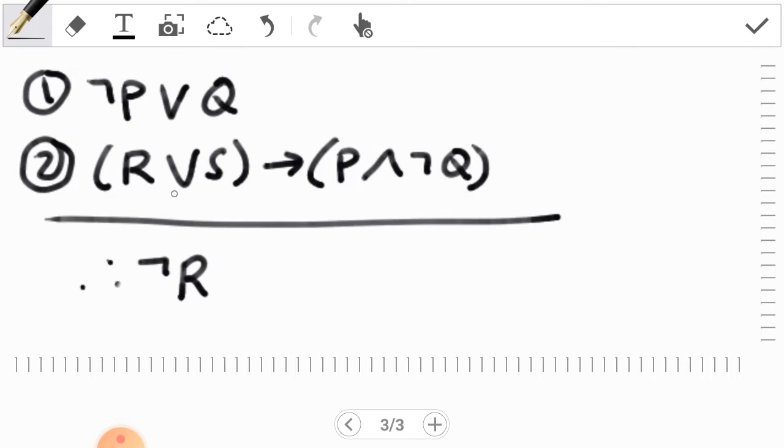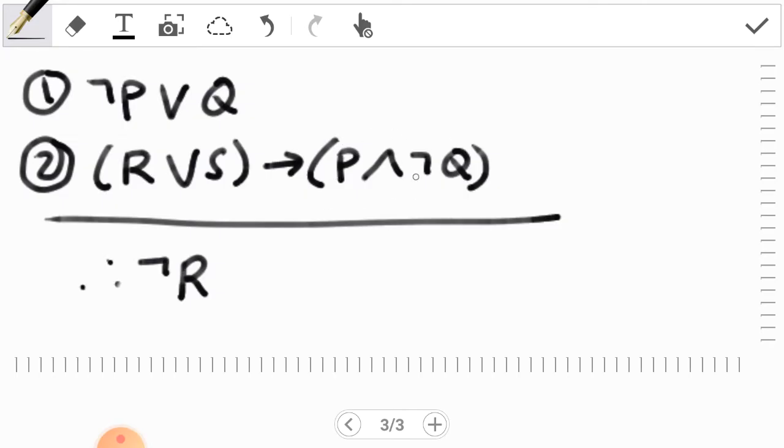Look at the second premise. We have R or S implies P and not Q. This is an implication. The second proposition is considered as a single proposition. The second proposition has the same propositions as the first premise. We have the propositions P and Q also involved.